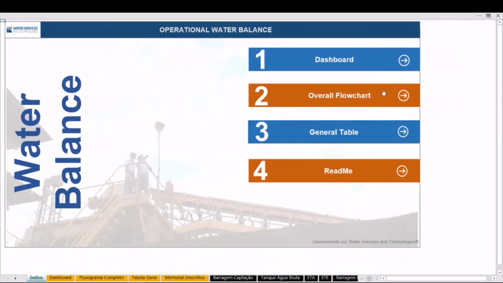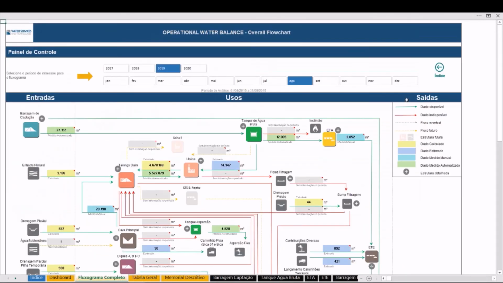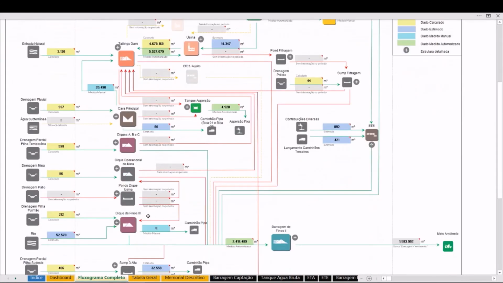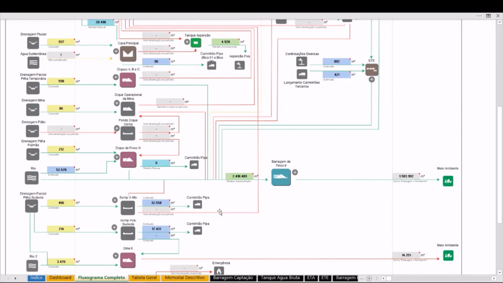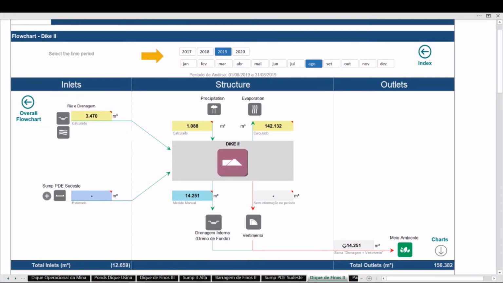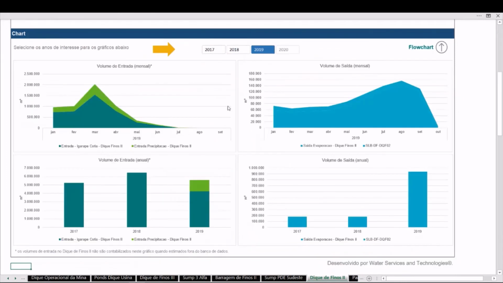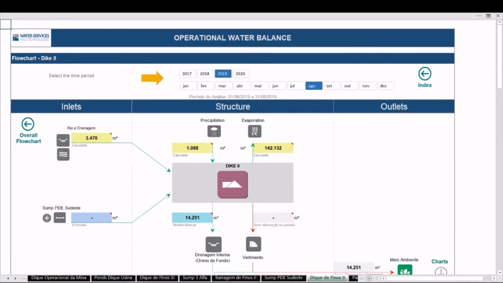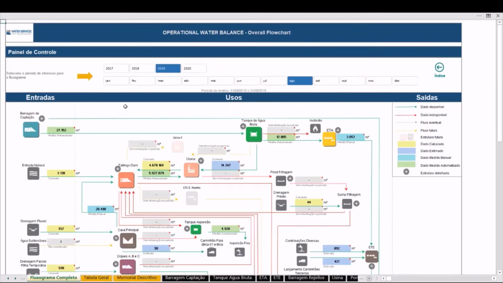And if we go back to the index and go back to the overall flow chart, and if we want to see a different structure, for example, the dike 2, it's the same as before. All the inlets here, what happens inside the structure, and all the outlets here. And we also have the charts here. And then we can go back here to the overall flow chart.